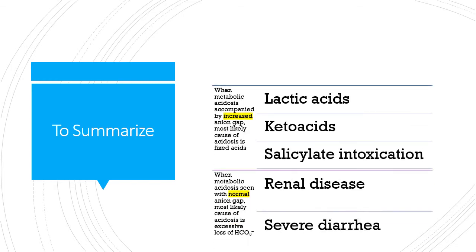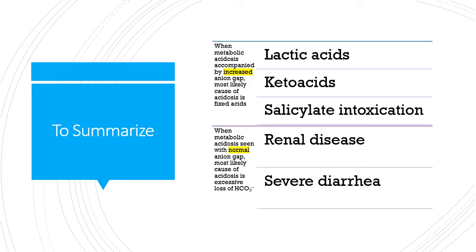To summarize, when the metabolic acidosis is accompanied by an increased anion gap, the most likely cause of the acidosis is fixed acids, lactic acids, keto acids, or salicylic intoxication. When the metabolic acidosis is accompanied by a normal anion gap, the most likely cause of the acidosis is excessive loss of bicarb, such as in renal disease or severe diarrhea.